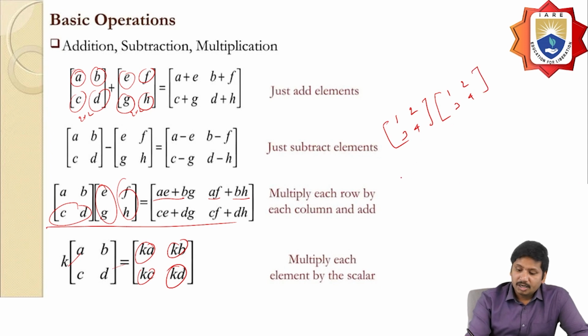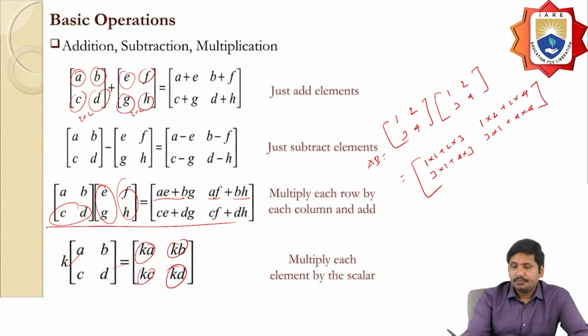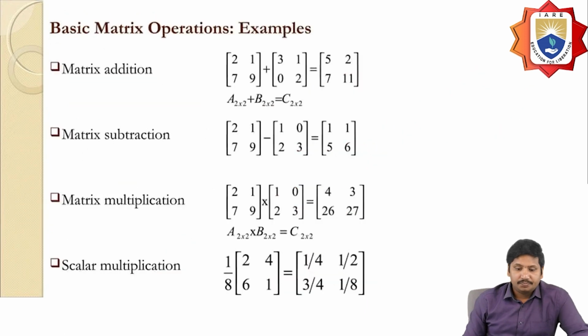For matrix multiplication, that is 1 into 1 plus 2 into 3. Next is 1 into 2 plus 2 into 4. Here 3 into 1 plus 4 into 3, and 3 into 2 plus 4 into 4. Like this we can perform matrix addition, subtraction and multiplication.